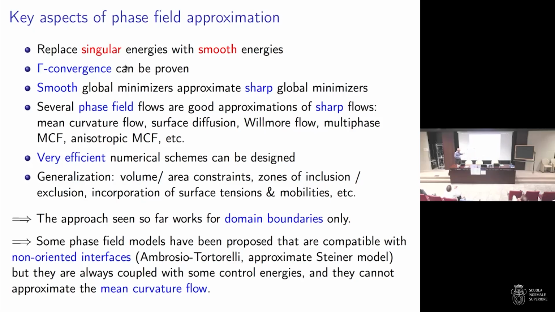But the thing is that for both these approximations, they are always coupled with some control energies. Here to force the fact that you try to connect points, and here to force the fact that you want to segment an image. So you always have these side control energies which are not adapted to the approximation of the mean curvature flow.